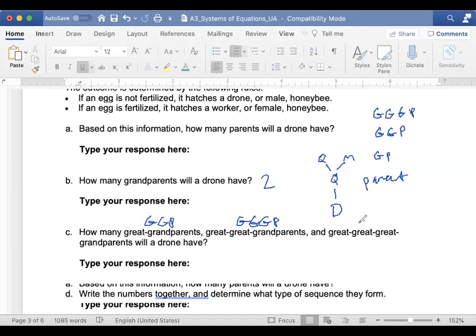And then great, great, great grandparent is this. I'm just making sure I get enough lines up here. Okay, so the male egg is a drone and does not have parents, right?